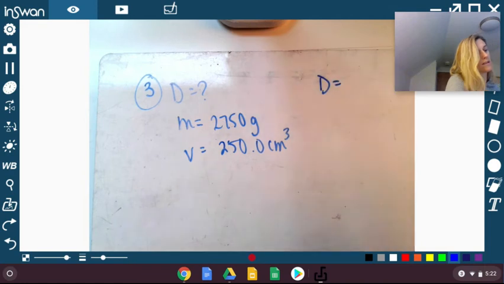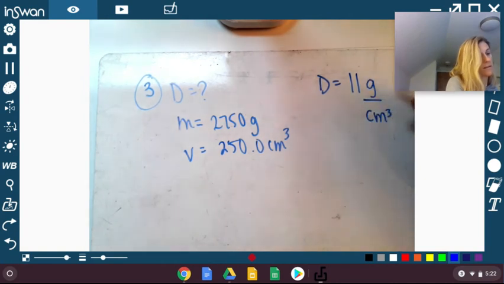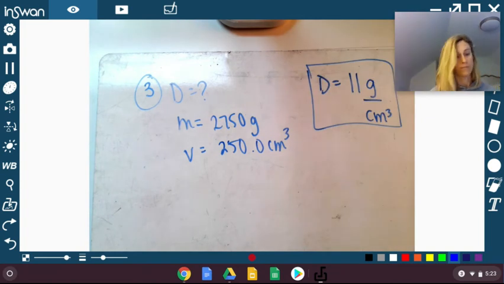Your density in this case, just plug in 2,750 divided by 250, and you get 11. And then remember, you just divided grams over cubic centimeters. So this would be your final answer for number 3. So these are pretty straightforward. You're just going to divide or multiply. You're given 2 out of 3 variables. Just figure out that missing one.